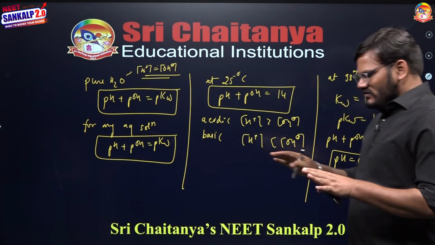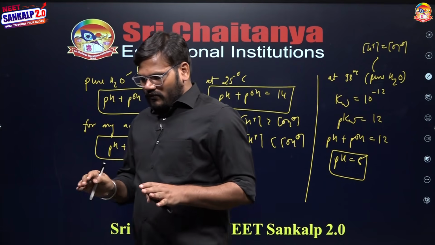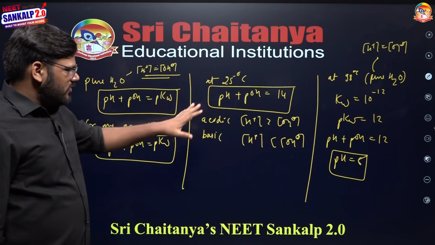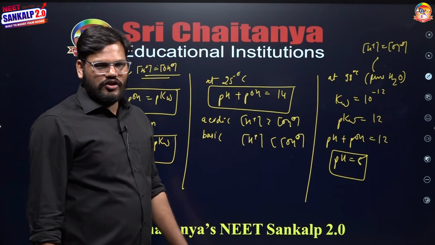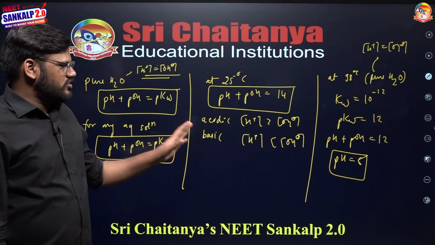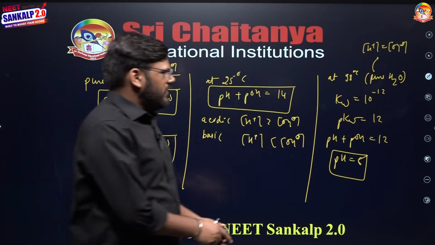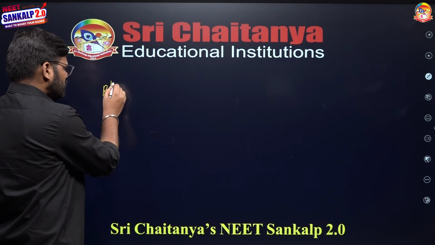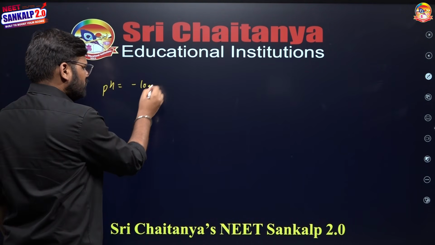So this is regarding chemical equilibrium and the basics of the theory of acid and base and this pH calculation. For pH calculation, what is pH? pH is negative log of H plus.